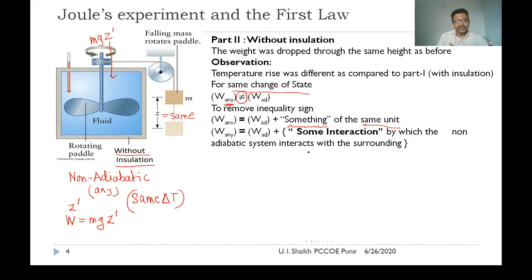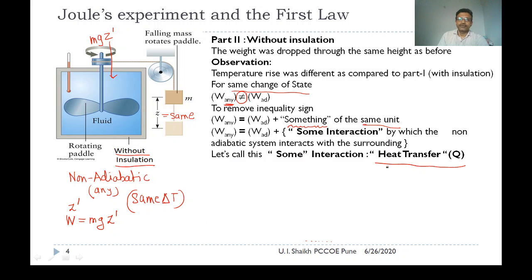Now let us give some name to this something. We will call this something heat transfer and denote it by the letter Q. So we have identified a new energy interaction other than work transfer with the help of part 2 of Joule's experiment, and we have called this other energy interaction the non-adiabatic system is doing with the surroundings heat transfer.